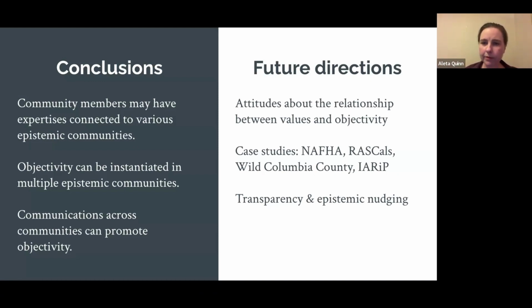So I'll only briefly mention future directions because these are fairly speculative. I am interested in attitudes about the appropriate relationship between values and objectivity in science. I'm interested in expressions of that relationship. And my working hypothesis is that expressing views about the value-free ideal, or various forms of the value-free ideal, can play a function in facilitating collaboration.